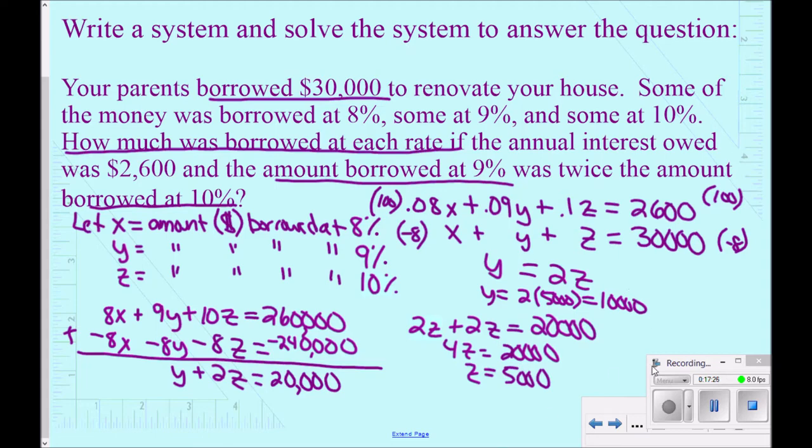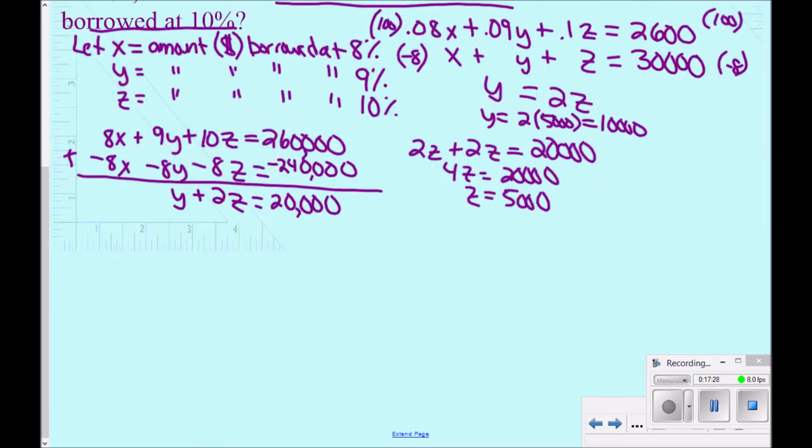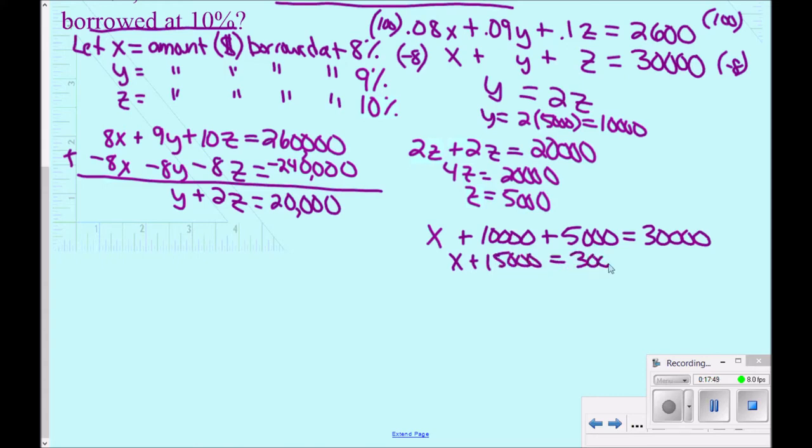So x we don't know, plus y we just got, 10,000, plus z, 5,000, should equal 30,000. So we have x plus 15,000 should equal 30,000. So if I subtract 15,000 from each side, I'm getting x is 15,000.